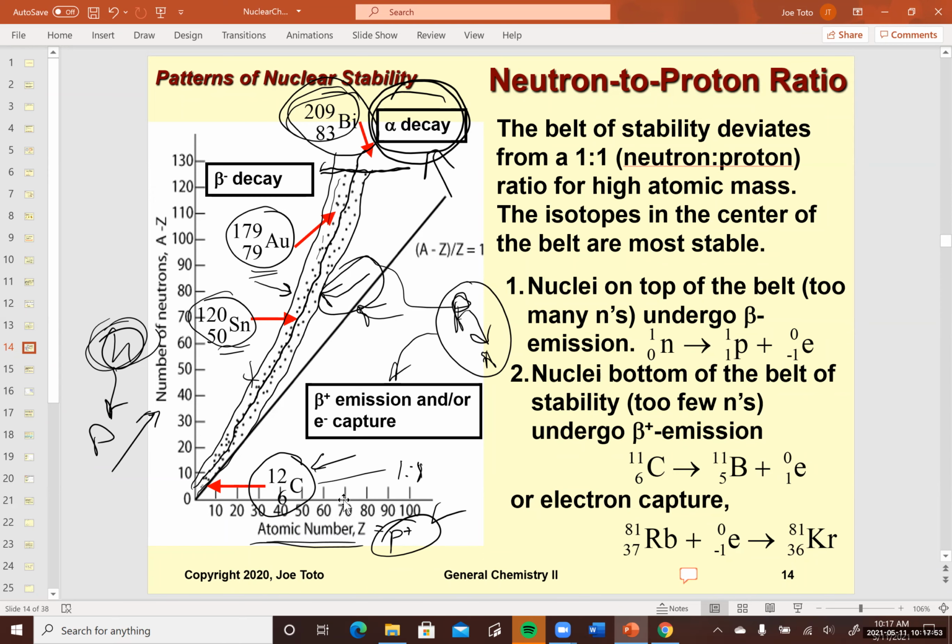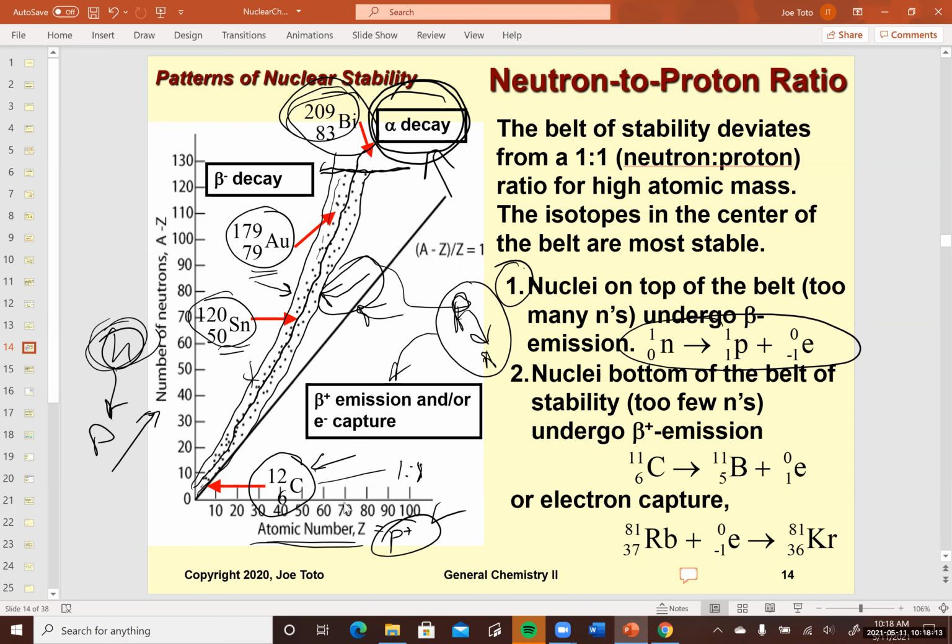So there's a lot of stuff that you can extract from this plot here. And here are the things that we said already. On the top of the belt, too many neutrons: we can have a neutron converted into a proton.